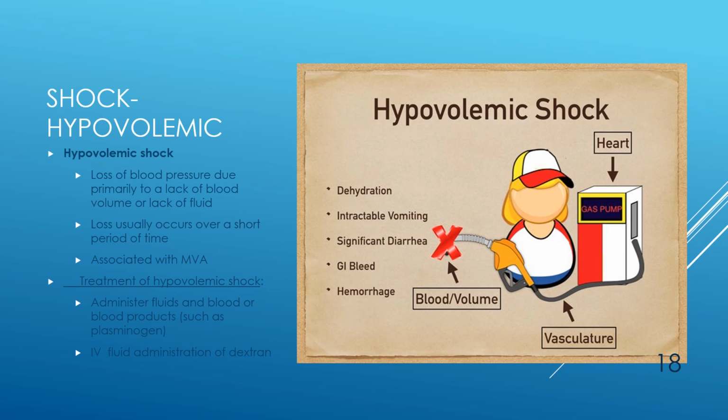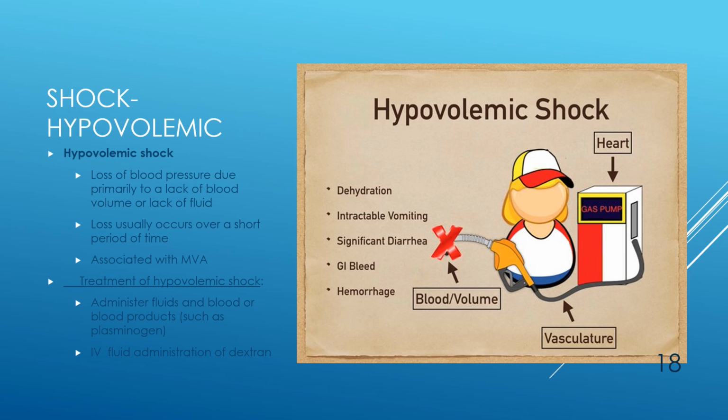So it usually occurs over a short period of time. You have some kind of damage going on in your body, and then you have a quick response, hypovolemic shock. What do you do? You administer fluids and blood or blood products such as plasma. Also, you need to give IV fluid administration of dextran.